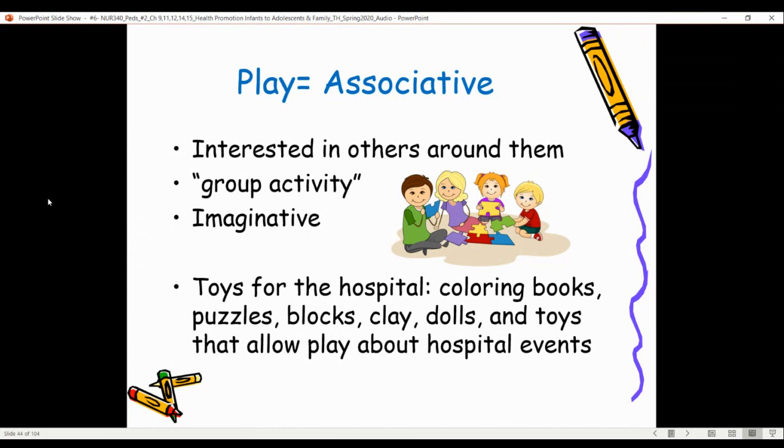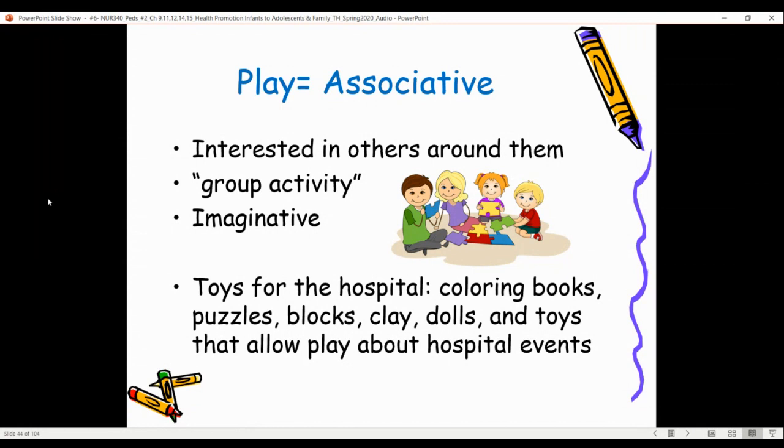A lot of what they're doing at this age is imaginative play. Things like playing dress up and pretending to be house and firefighters are all part of that imaginative activity. Another example is sports. At this age, they don't quite have the concept of working together for an end goal, like team play.